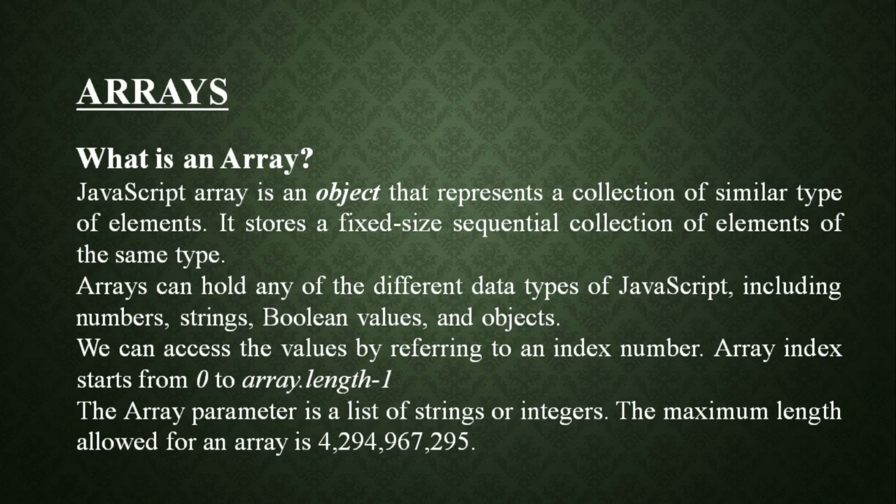An array can hold different types of JavaScript values, including numbers, strings, boolean values, and objects. For referring to these values, we use an index. This index starts from 0 to array length minus 1. Array parameters is a list of strings or integers. Here I specified the maximum length allowed for an array.